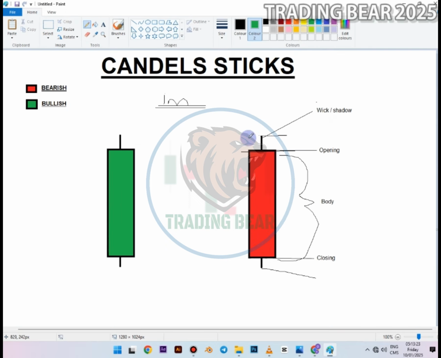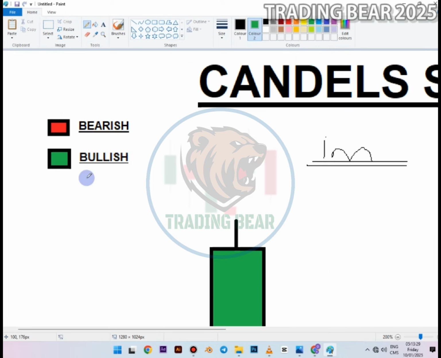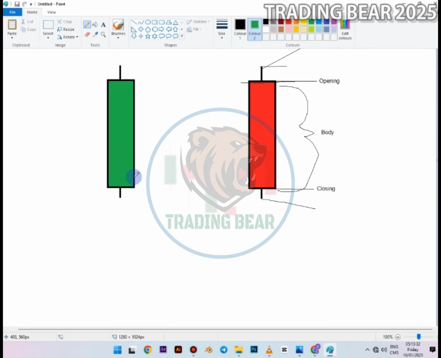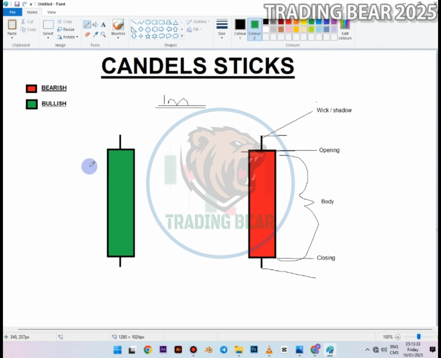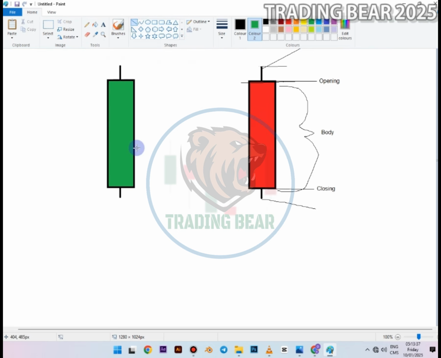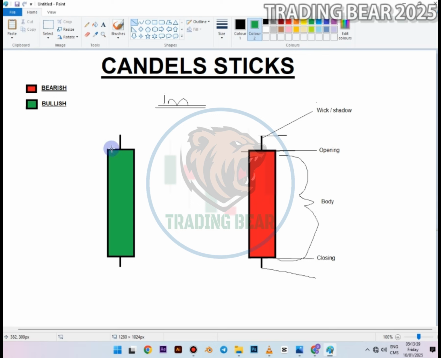Okay, so I'm done with this. Now we go straight to the bullish candlestick. So it is the same principle here, only that it's flipped upside down. So we see this being our opening.